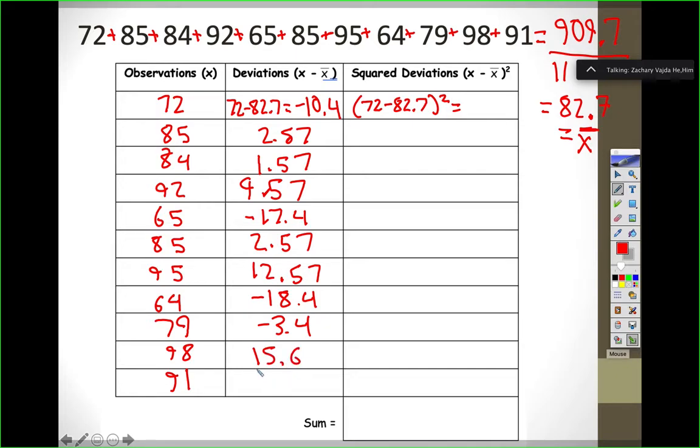And 91 is 8.3. So this is x minus the mean right here. See, x minus x bar.